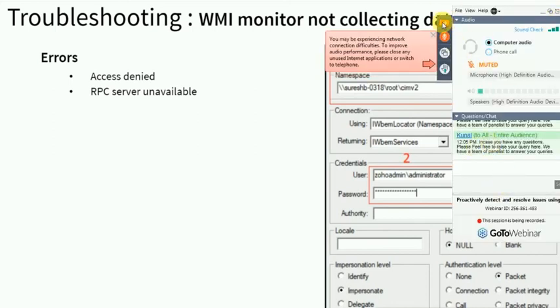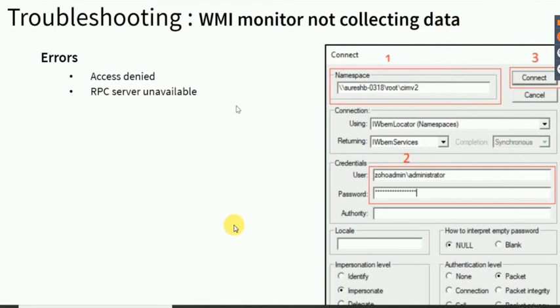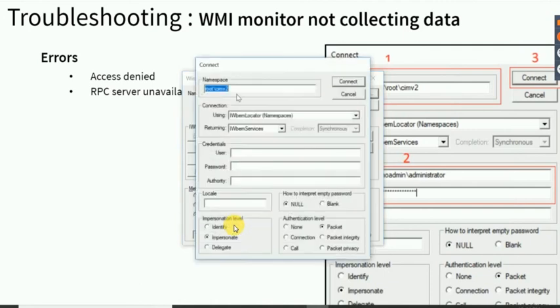So it's simple. You just need to go to run and check for WBEMTEST, which is the Windows Management Instrumentation Tester. So you just click on connect, and here you have to mention the server name with a backslash, and provide the same credentials used in OpManager for this particular device.